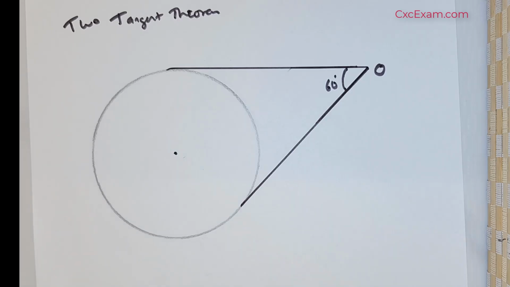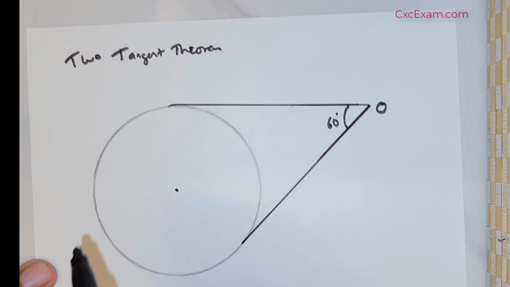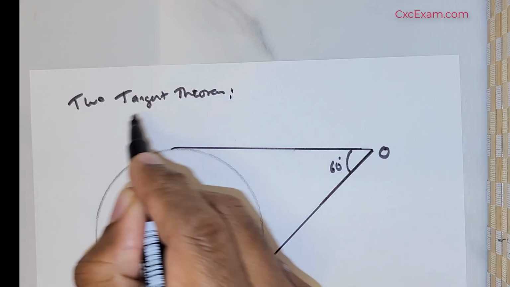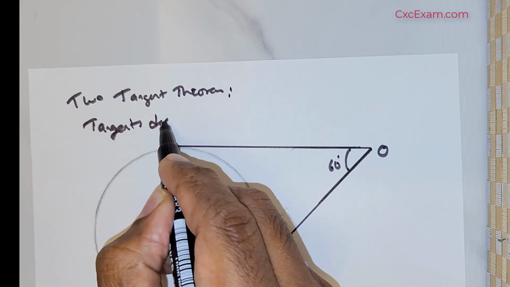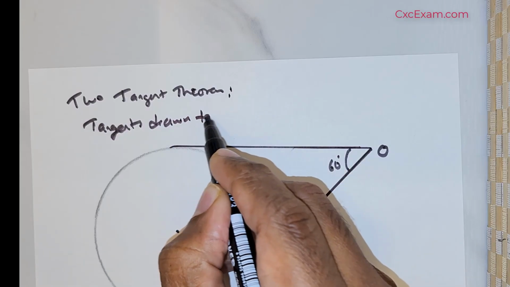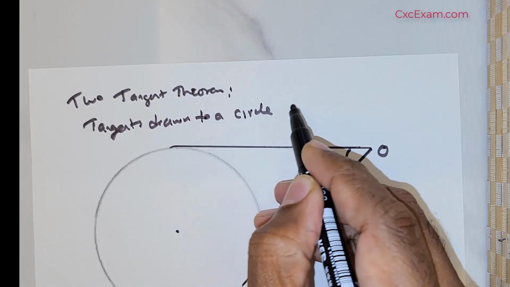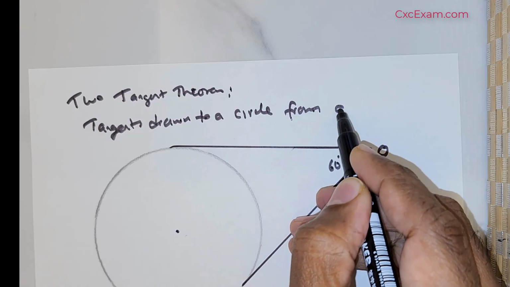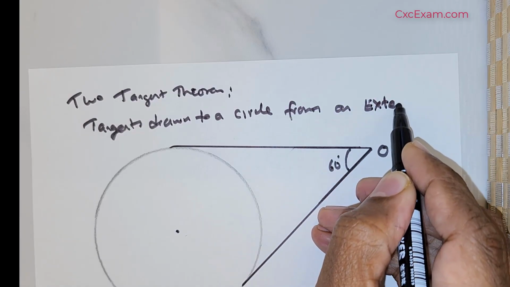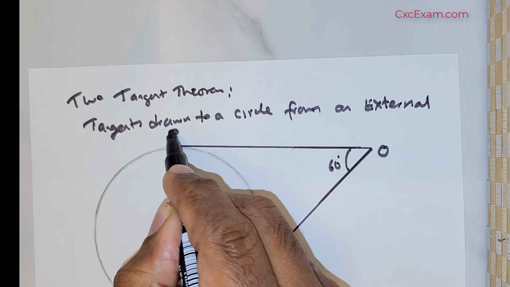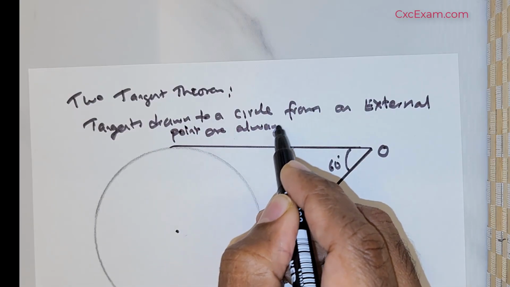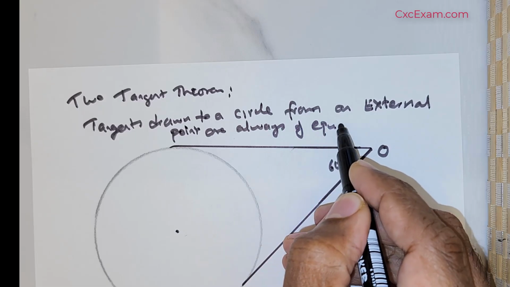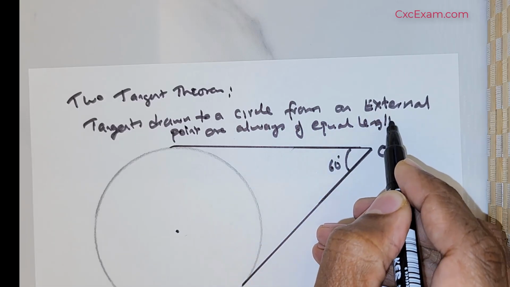Now this is the next theorem. It's called the Two-Tangent Theorem. The statement of the theorem is as follows. Tangents drawn to a circle from an external point are always of equal length.